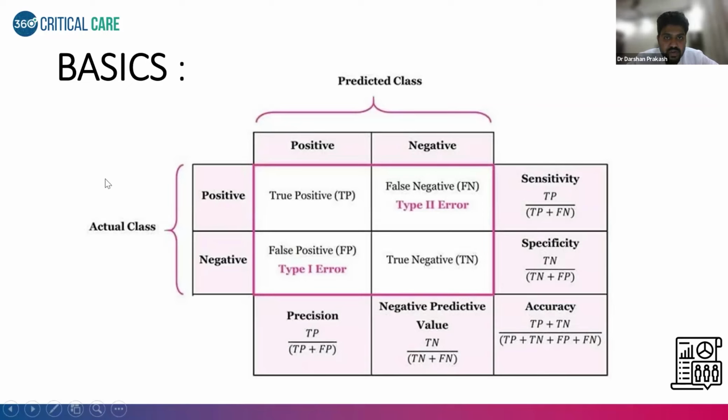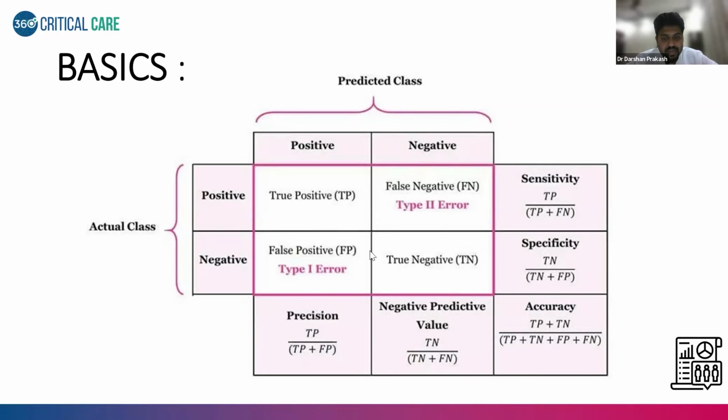But what we usually do is we find out the predicted class, right? Based on this, we get assumptions of true positive, false negative, false positive, or true negative, based on which we can calculate the type 1 or the type 2 errors. Correct? So this is the basic understanding for any basic statistical tool analysis.